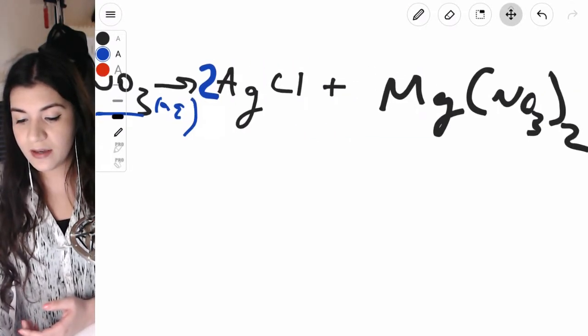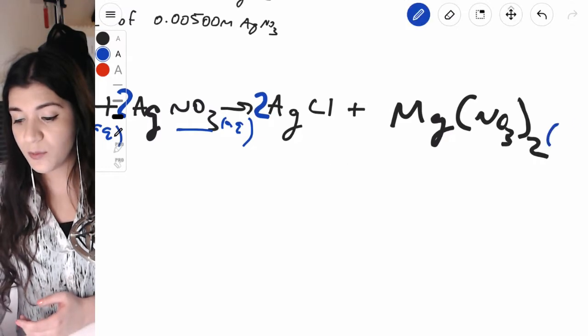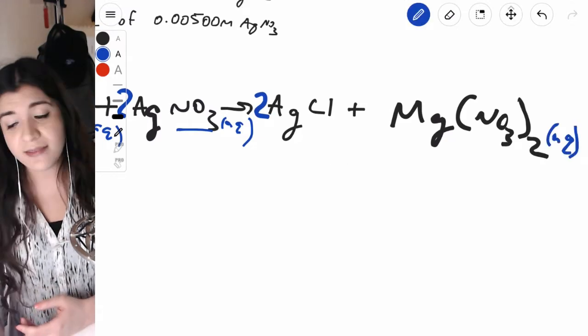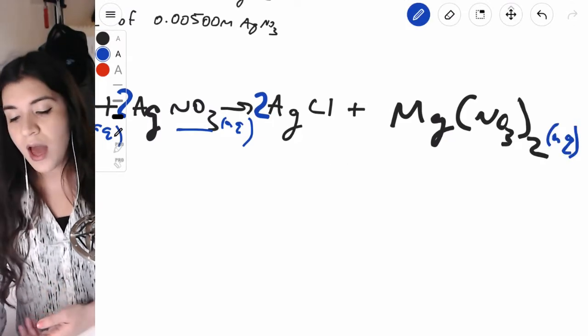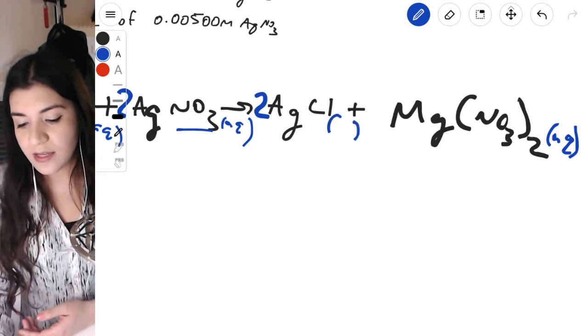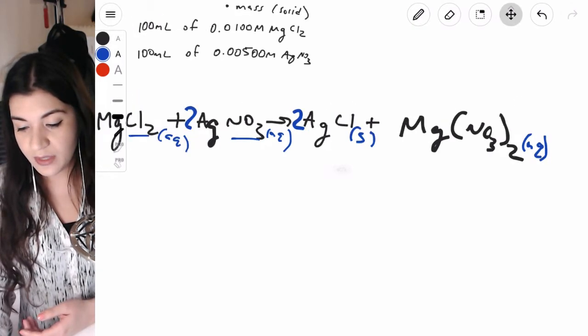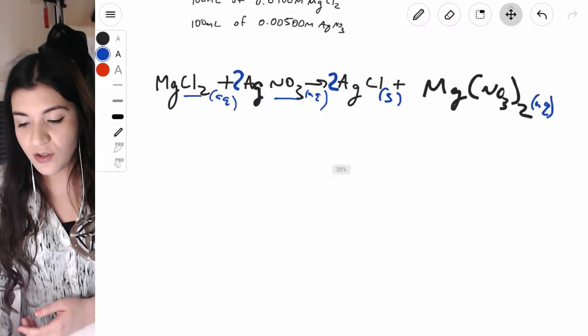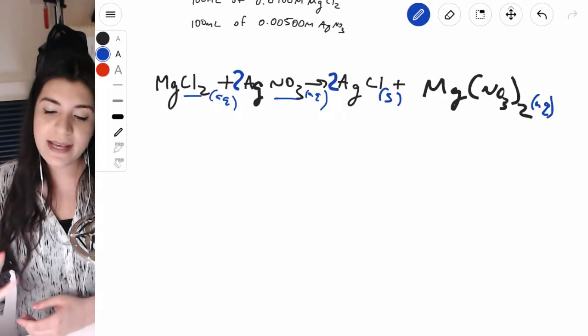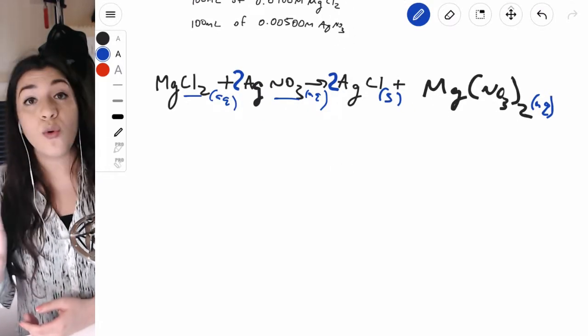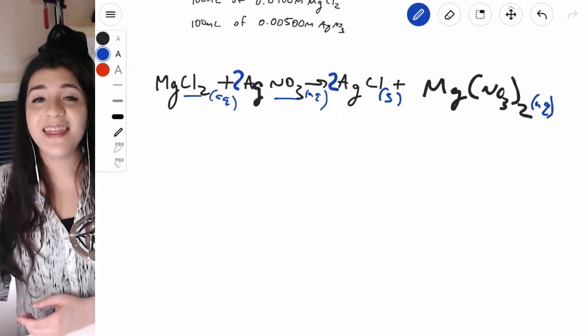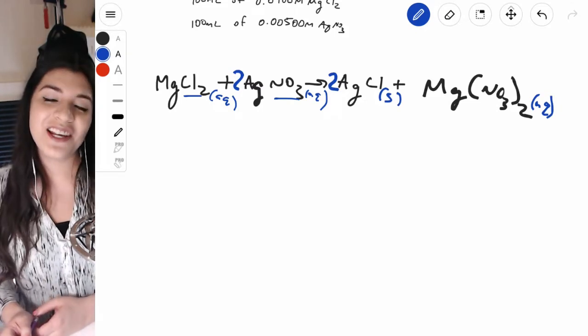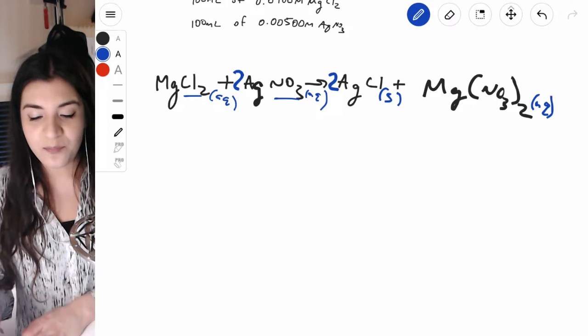And then same thing with this opposite side, where this has to be aqueous no matter what because nitrates are always soluble. However, for silver chloride, that's going to be our solid. Okay, so that one's going to be our solid, and what I'm going to do is break everything down, do the whole total or complete ionic equation, then cancel out what I can and go from there to the net ionic equation.